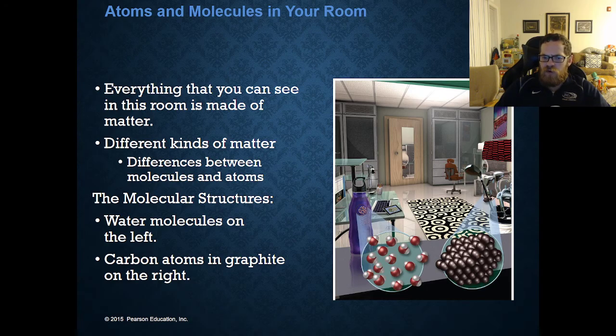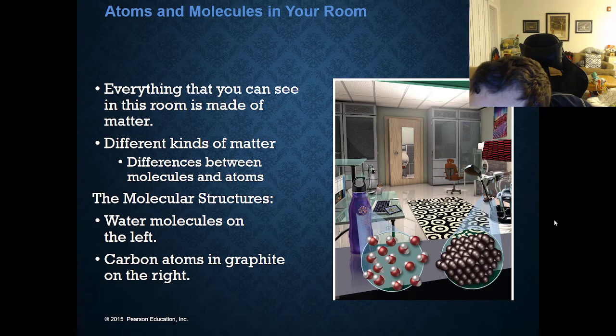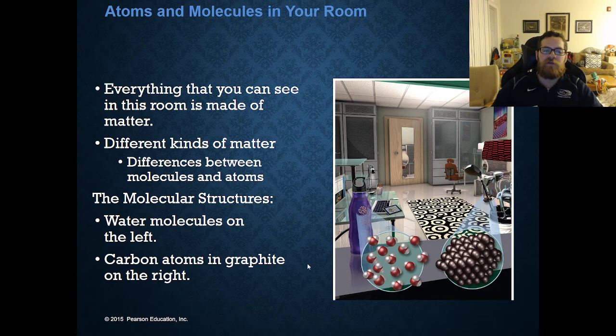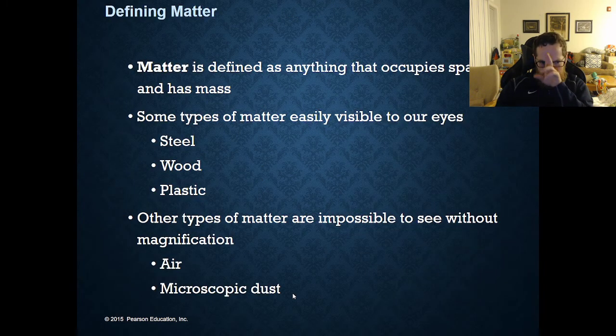And I'll get into more of how that is different from a molecule. Oh, never mind. It was zooming in on the carbon fibers, so the graphite. I forgot that I had the label right there.